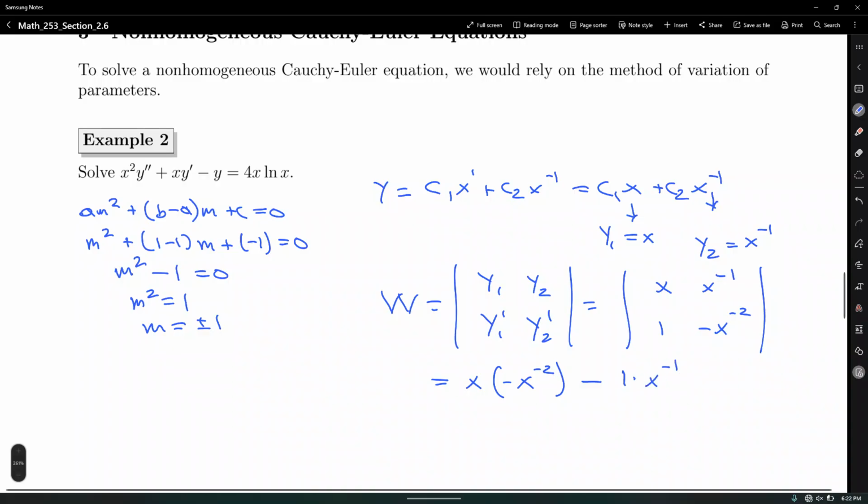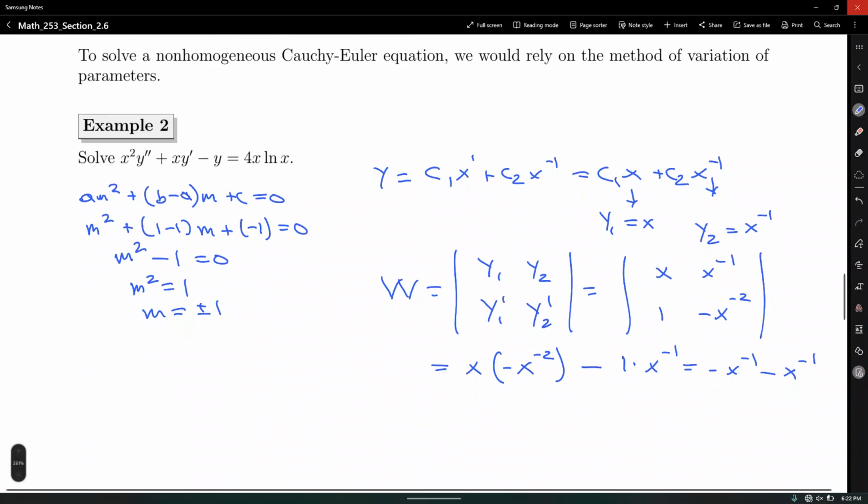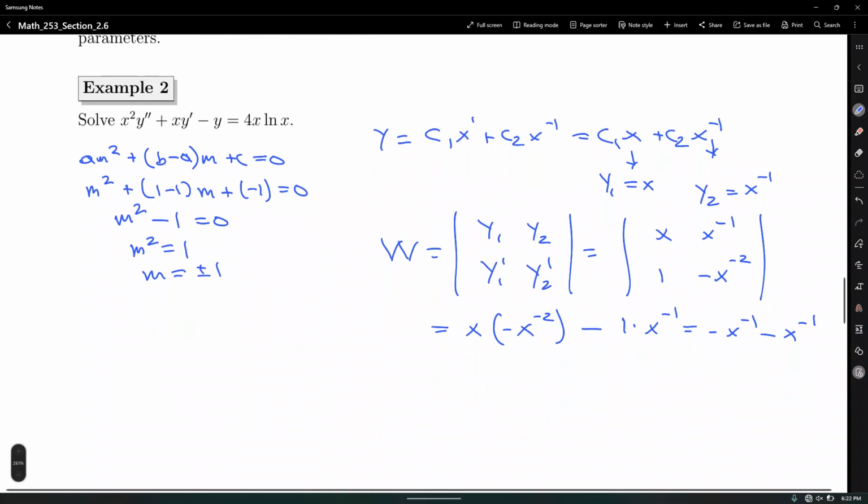When we multiply x with x to the negative 2, the power is 1 plus negative 2, which is negative 1. So that's negative x to the negative 1 minus 1 times x to the negative 1, which is also x to the negative 1. These two are like terms, so that is negative 2 times x to the negative 1.